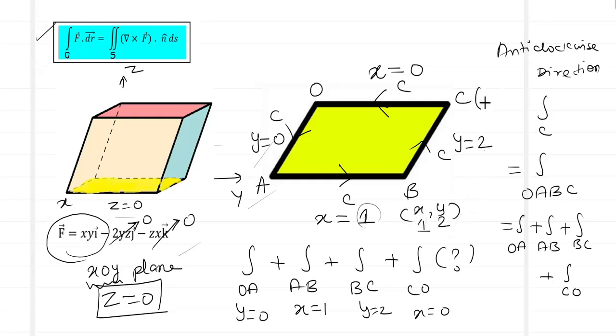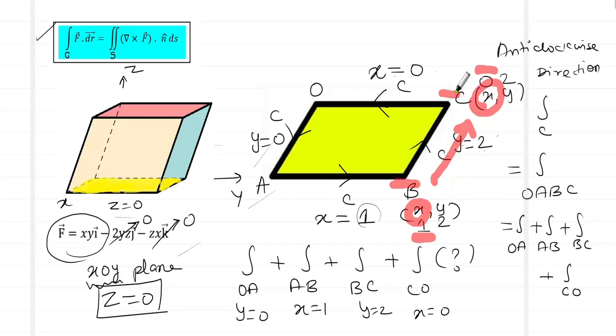What are the coordinates of C? x is 0 and y is 2. Now see, where does your x vary? x varies from here in this direction to here. The value of x here is 1, and the value of x here is 0. So x begins with 1 and ends with 0.